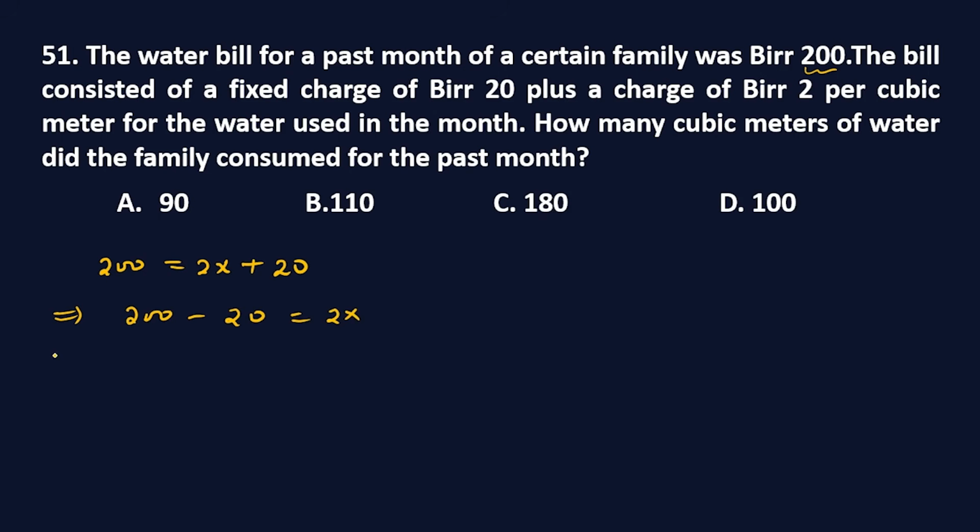So this becomes 180 is equal to 2x. Dividing both sides by 2, x becomes 90. So this family used 90 cubic meters of water.